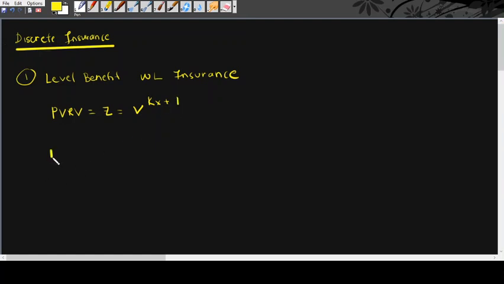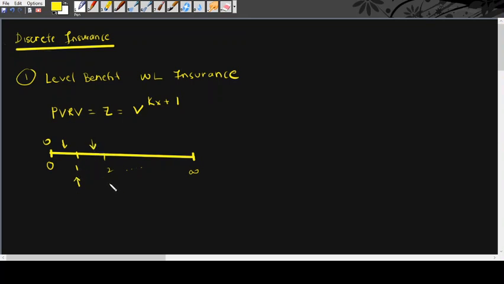As I mentioned just now, for the discrete case, the payment is made at the end of the year of death. For example, if the policyholder dies between year 0 and year 1, the payment will only be made at the end of year 1.